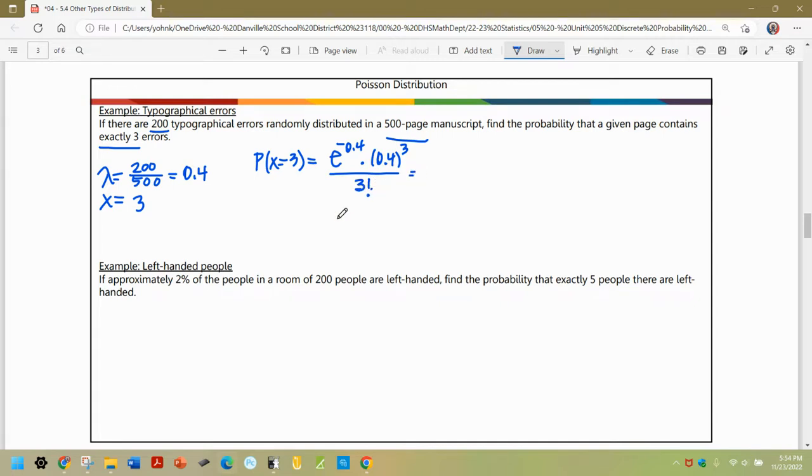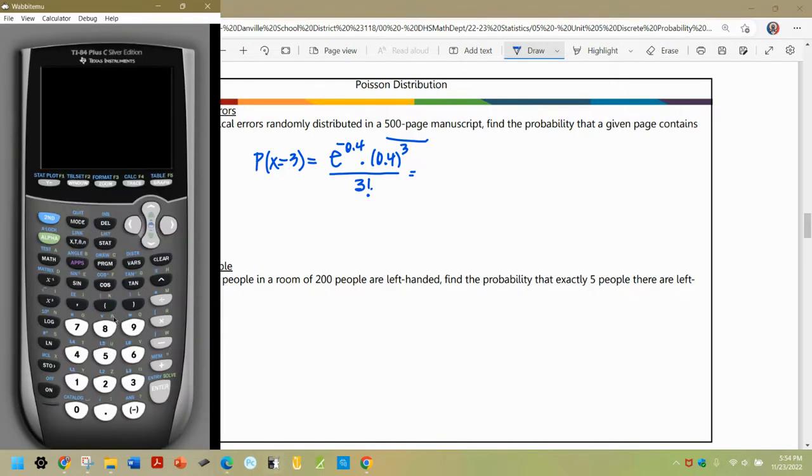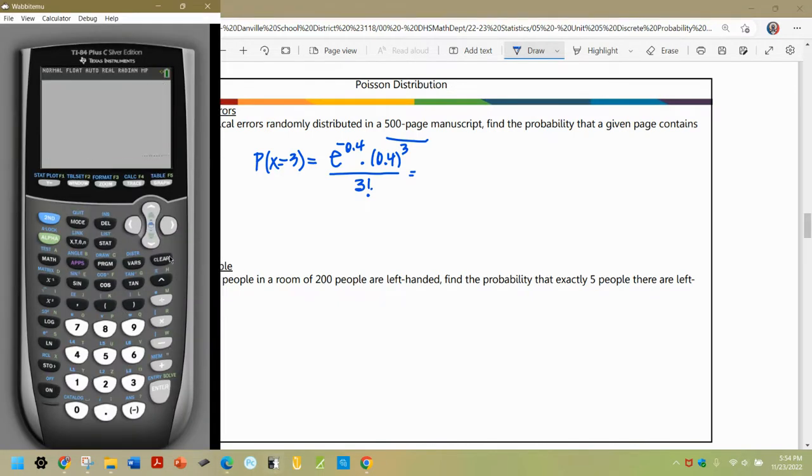So let's see how we can type this into our calculators. Let's clear what's in here and get to a fraction. On the top of the fraction, we're going to put e. E is found right above the division symbol. You have to click the blue second button, and then the division symbol to get an e. Then we need to bring it to the negative 0.4 power.